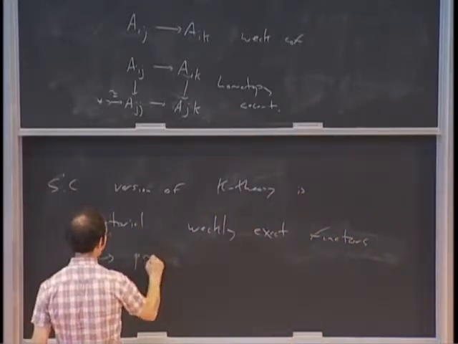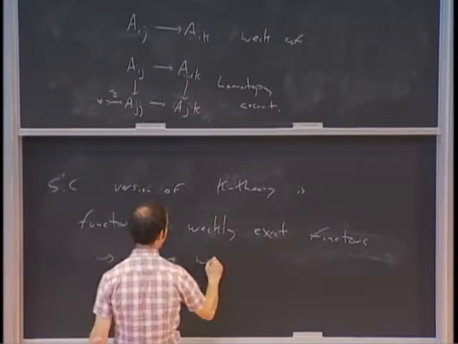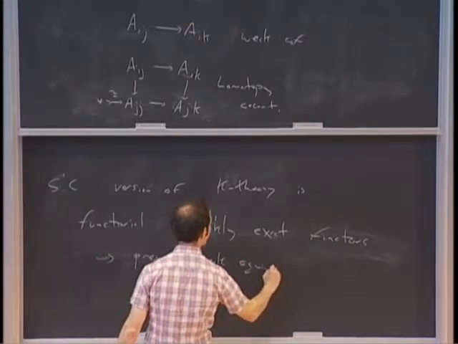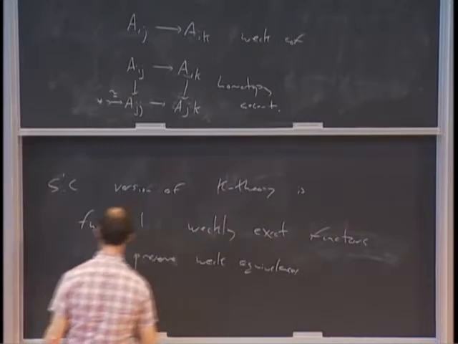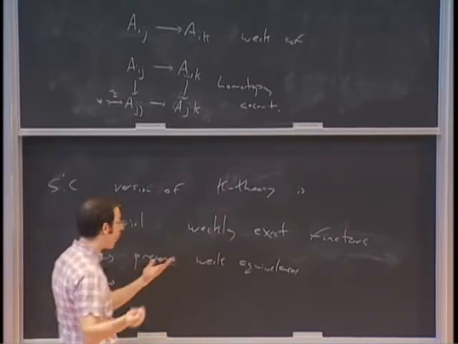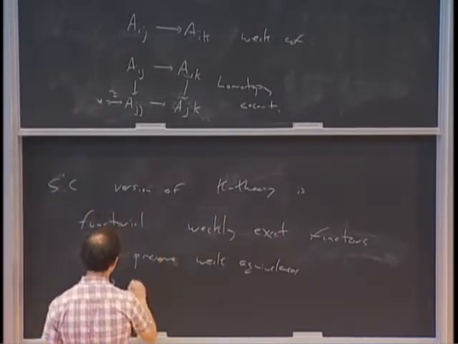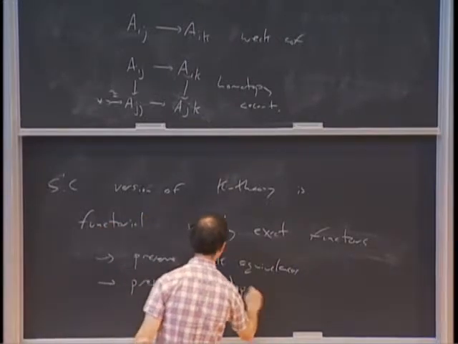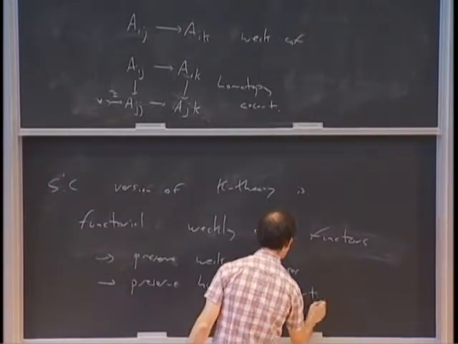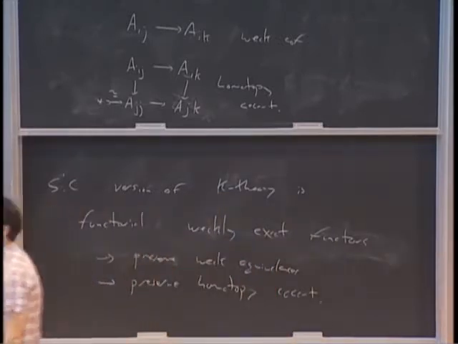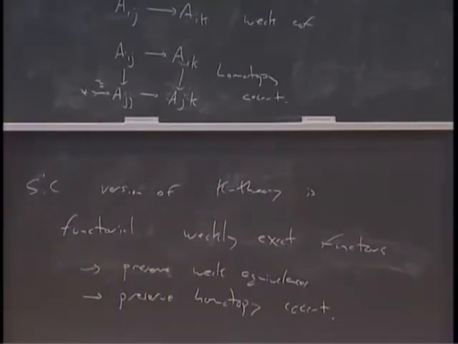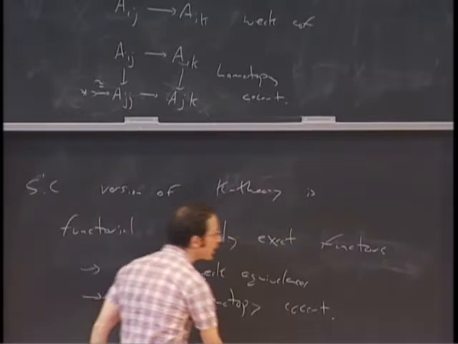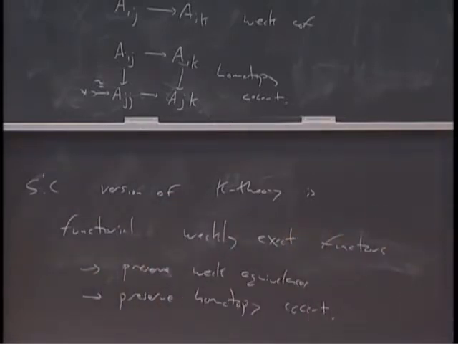They preserve weak equivalences and the point up to weak equivalence, and they preserve homotopy co-Cartesian squares.